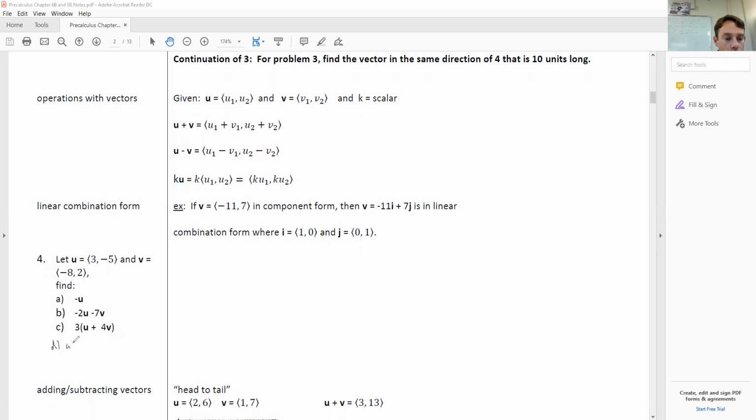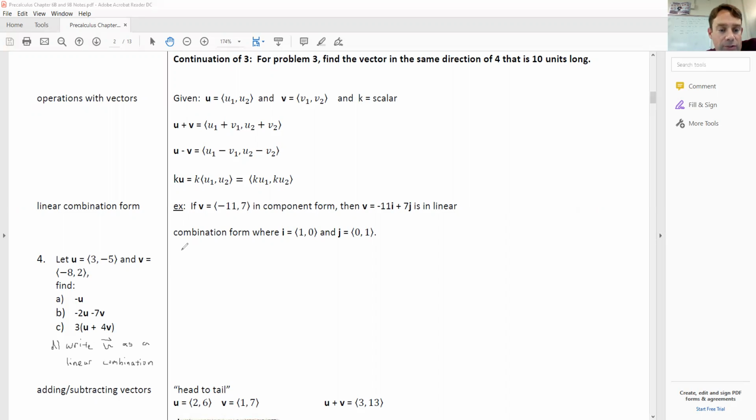Write u as a linear combination. All righty, friends, why don't you give that a shot, see what you come up with, and then we will talk about it. Go ahead and pause the video and try each of those.